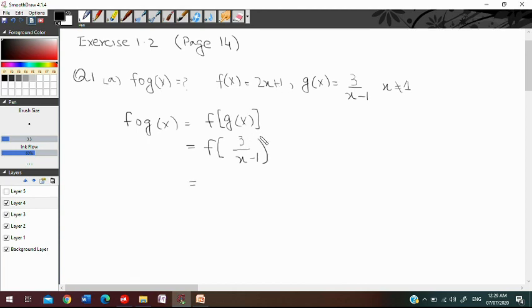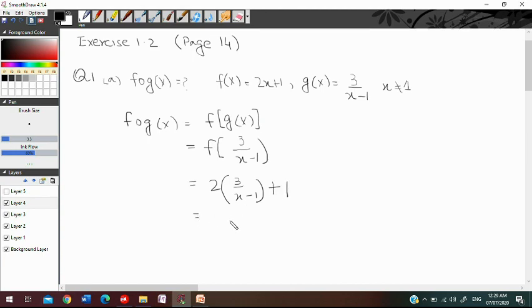So here, instead of x, we have 3 divided by x minus 1. The 2 is the same as in the original form of f of x, so we write 2 here. Then here we have x, so we write 3 divided by x minus 1. Then plus 1, so we write plus 1 here.